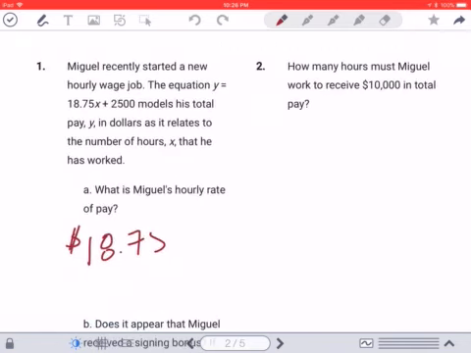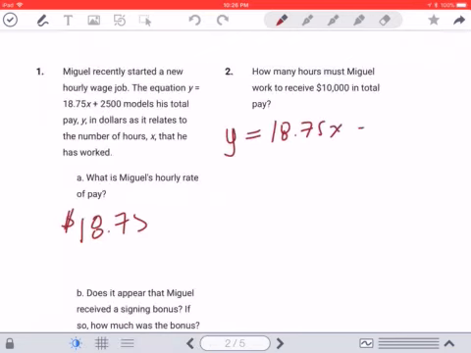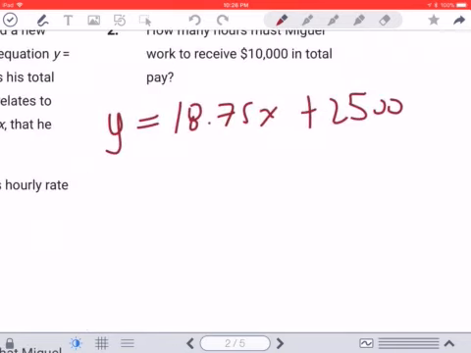Okay, how many hours must Miguel work to receive $10,000 in total pay? Well, I'm going to write this equation. y equals 18.75x plus 2,500. And he wants to receive $10,000 in total pay, which is the y variable.